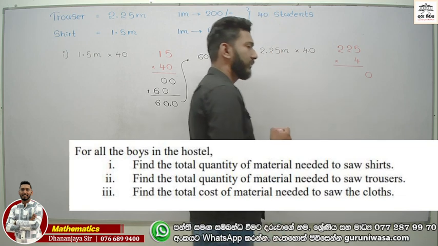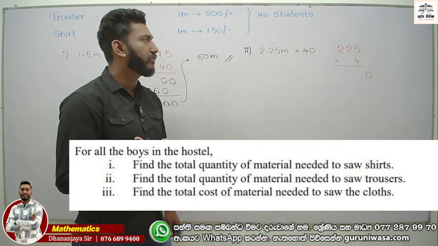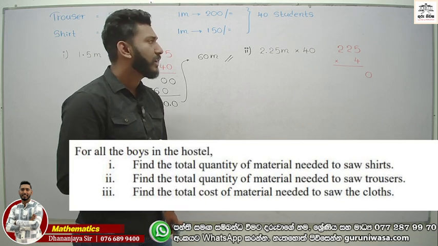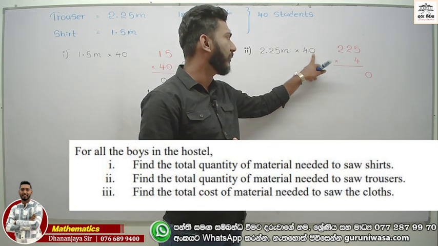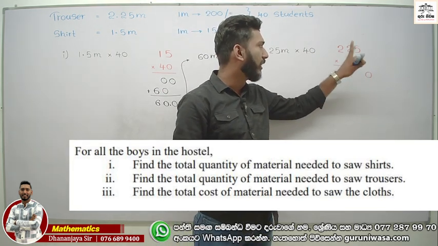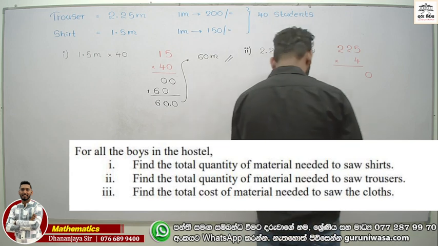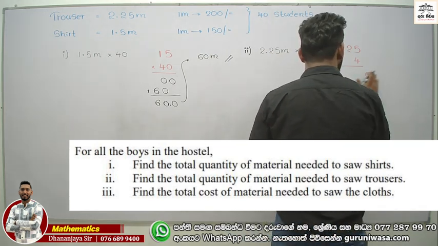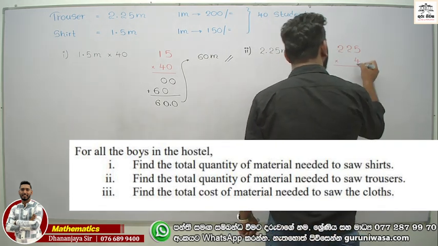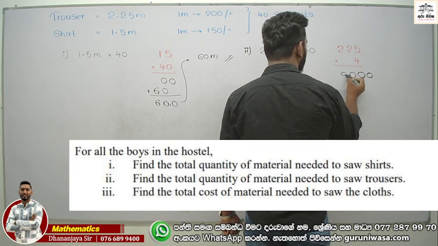Just multiply by 4, then add the 0 to the last of the answer. That's a trick. When you are going to multiply by multiples of 10, multiples of 100, don't think about the 0. Put a 0 as the last digit, then go to the multiplication by 4. 4 times 5 is 20, 2 remainders. 4 times 2 is 8, plus 2 is 10, 1 remainder, and 9.